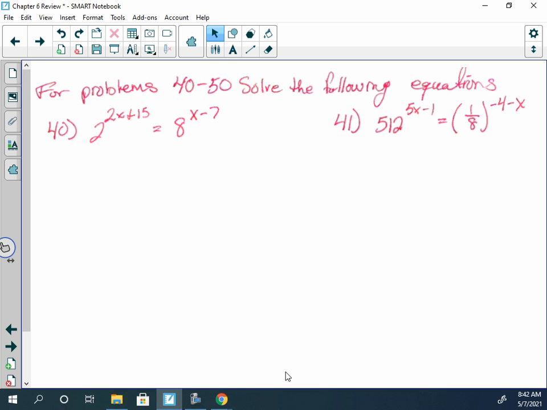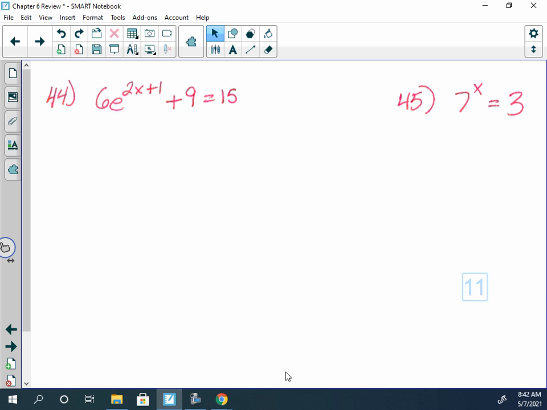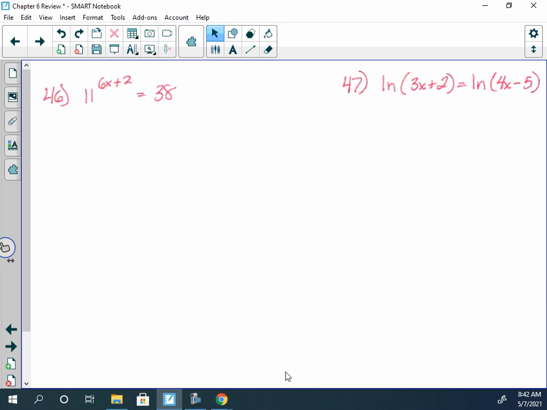So looking at 40 through 50, is there any one of those in particular y'all want to look at? 46. We can look at it next, so we'll finish it off on those.